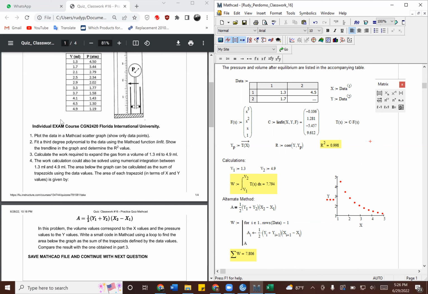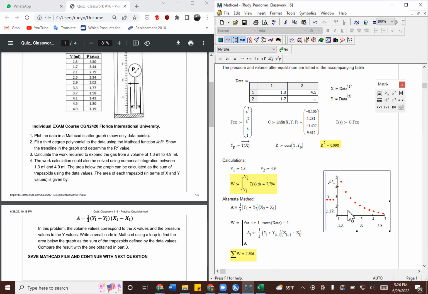Number 2 is fit a third-degree polynomial to the data using the Mathcad function linfit. Show the trend line in the graph and determine the R-squared value. We started doing that already. We found the equation TX here, and we can just plot it here. Wait, hold on. All right. For X, you put lowercase x, comma, and then T of lowercase x.